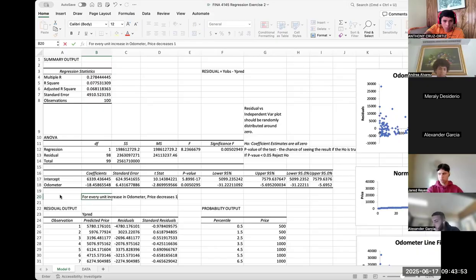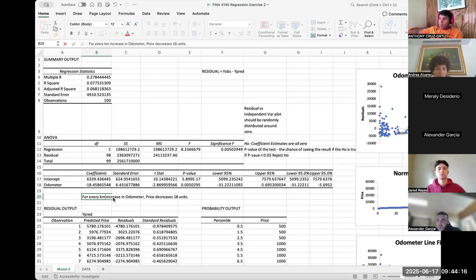Decreases 18 units. So what are the units? Let's see if we can fill it in. I think odometer, I told you, was kilometers. Let's put kilometers. You're going to say kilometer.